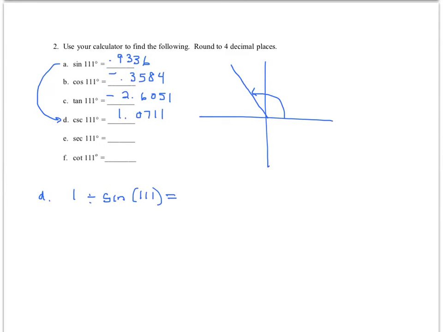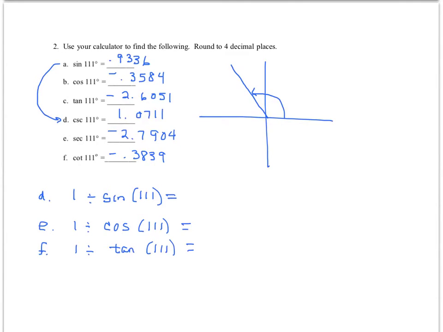And then similarly for the secant, I would do 1 divided by the cosine of 111, and I will get negative 2.7904. Yay! And then last but not least, the cotangent, 1 divided by the tangent of 111, and hit equals, and then I'll put that in its spot, negative 0.3839.